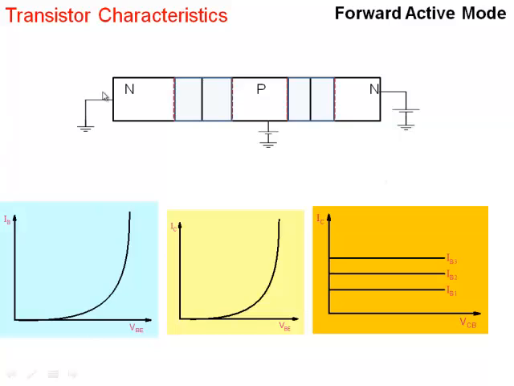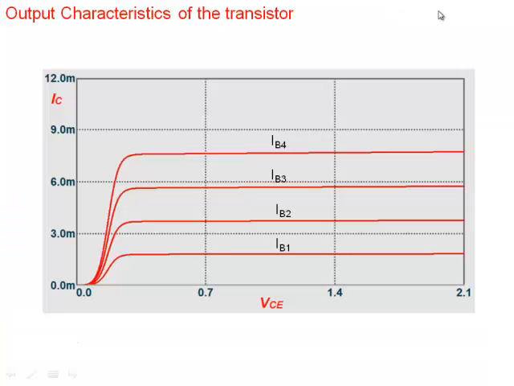This is the operation where the emitter base junction is forward biased and the collector base junction is reverse biased. This is the most common mode. When I make amplifiers, I operate my transistor in the same manner here. Emitter base junction forward bias, collector base junction reverse bias. We call this the forward active mode.